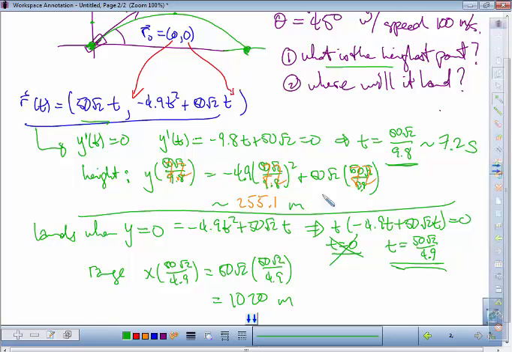Any questions? If it doesn't start at the origin, it just affects the position, correct. But all this stuff is related to the position that we're solving for, so you've got to make sure you put those things in there. Okay, let's do another one.